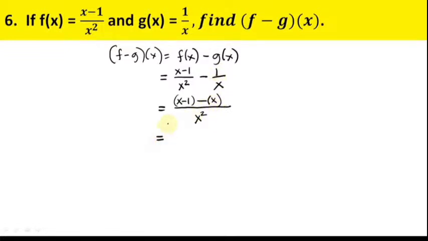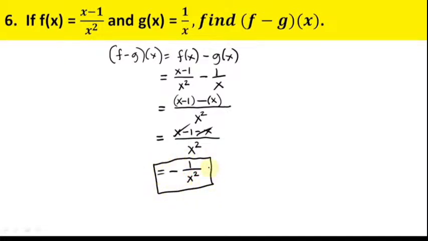Then simplify, so x minus 1 minus x over x squared. Then combine like terms or simplify, so our final answer is ito, x minus x, that is 0, so ma-eliminate yan. So remaining value is negative 1 over x squared. So ito na yung final answer natin for number 6.